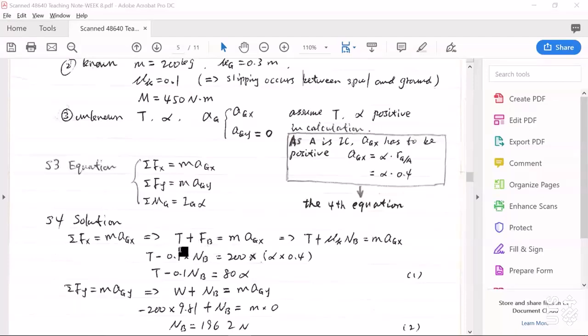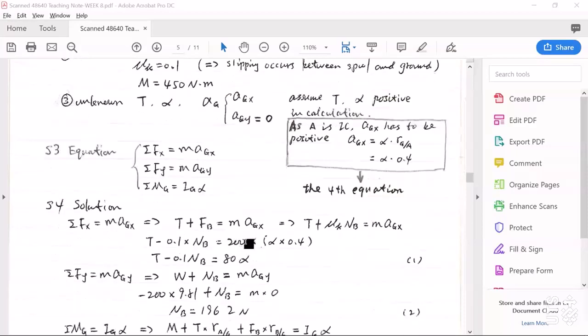FB to the left side is negative. AGX, because we already know the relationship between AGX and alpha, we can express AGX using alpha times 0.4.